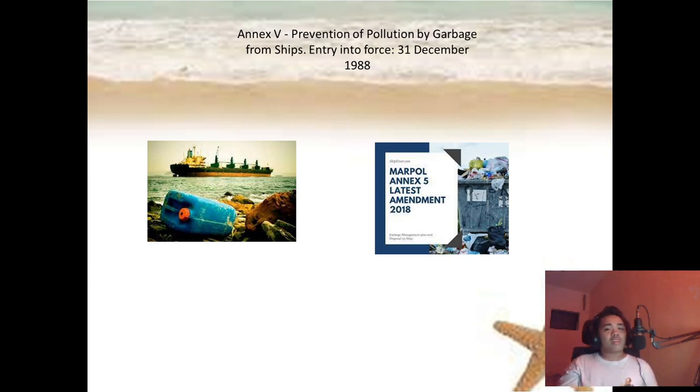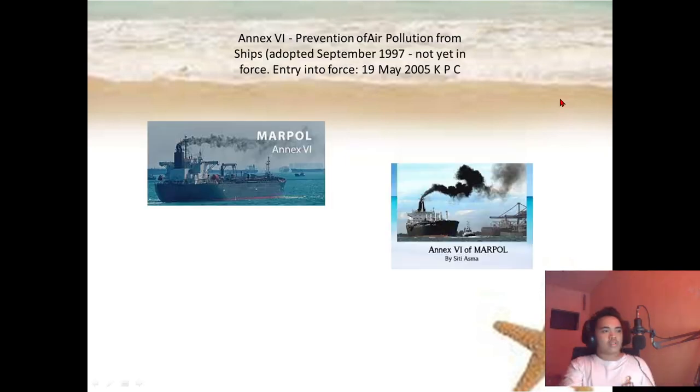When MARPOL thought of a solution, they got it. So in Annex 6, Prevention of Air Pollution from Ships, adopted in September 1997, not yet enforced, entry into force on 19th of May 2005. So in MARPOL Annex 6, they are thinking about air pollution. Every ship has an engine.